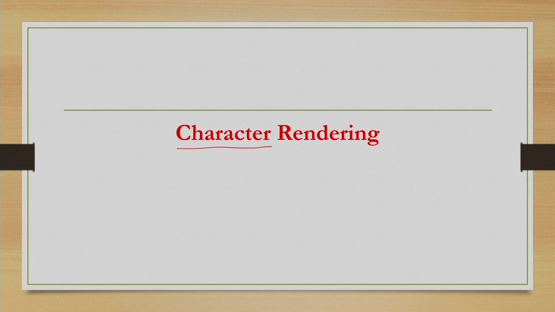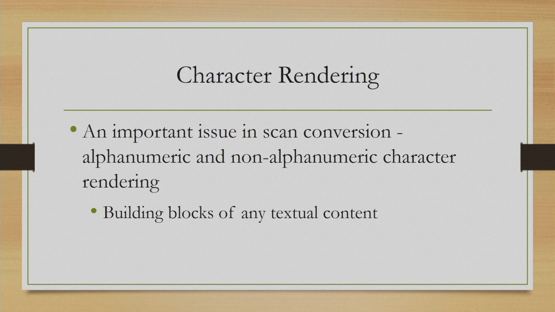Now, let us try to understand how characters are displayed on the computer screen. So, how do we render characters? Here character means alphanumeric characters. Now, character rendering is, of course, as we all know, an important issue. For example, consider this slide.